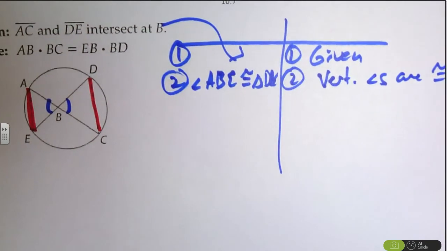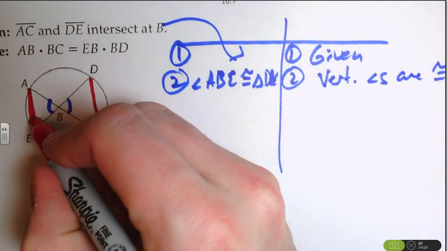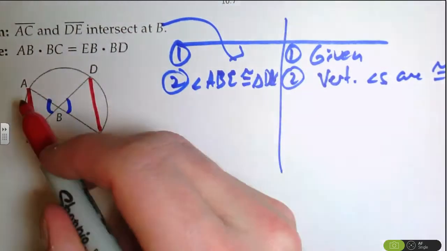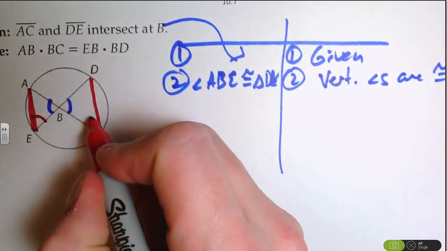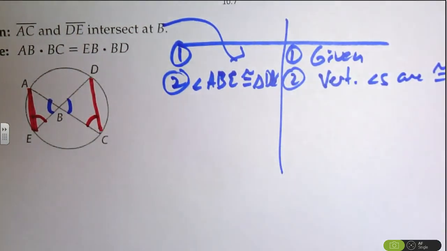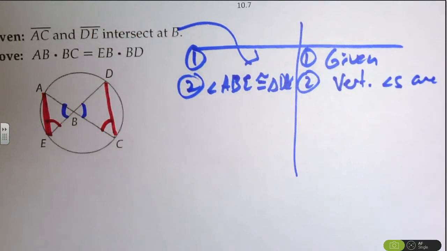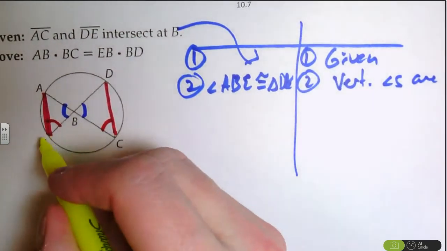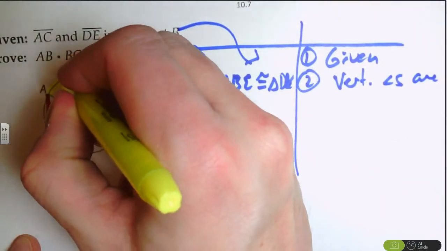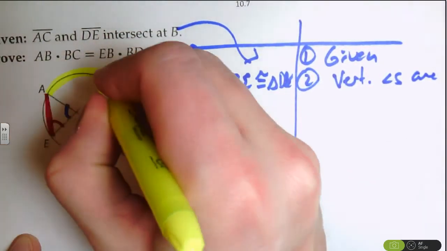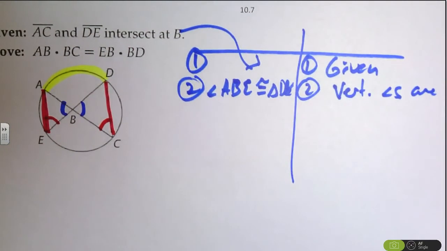Now we need one more pair of angles. It might seem like this is going to be tough to find, but it really isn't, because we go back to a theorem we had a couple days ago. Angle E, or AED, and angle C, or angle DCB, are congruent. You might ask, how do you know they're congruent? Well, look at them. They're inscribed angles. And what do both those inscribed angles have in common? They have the same common arc, AD.